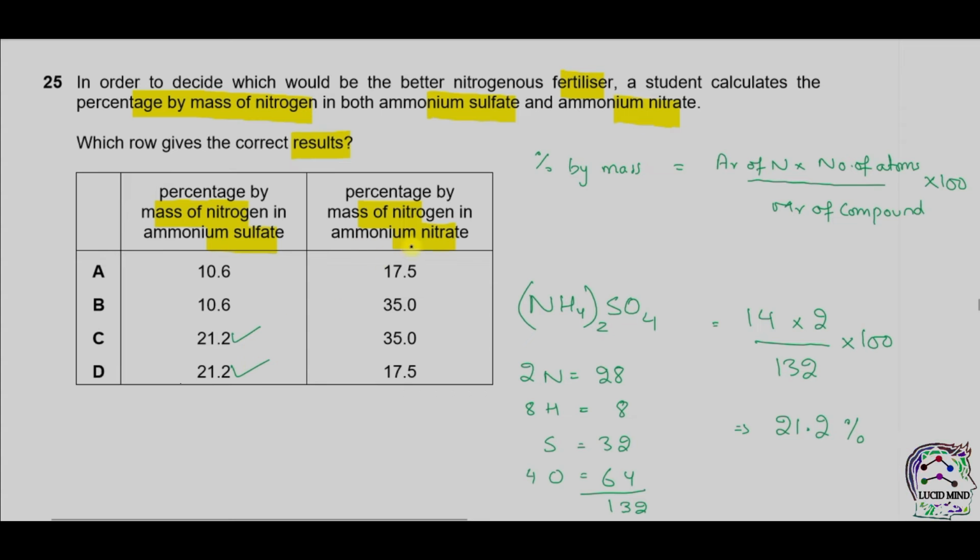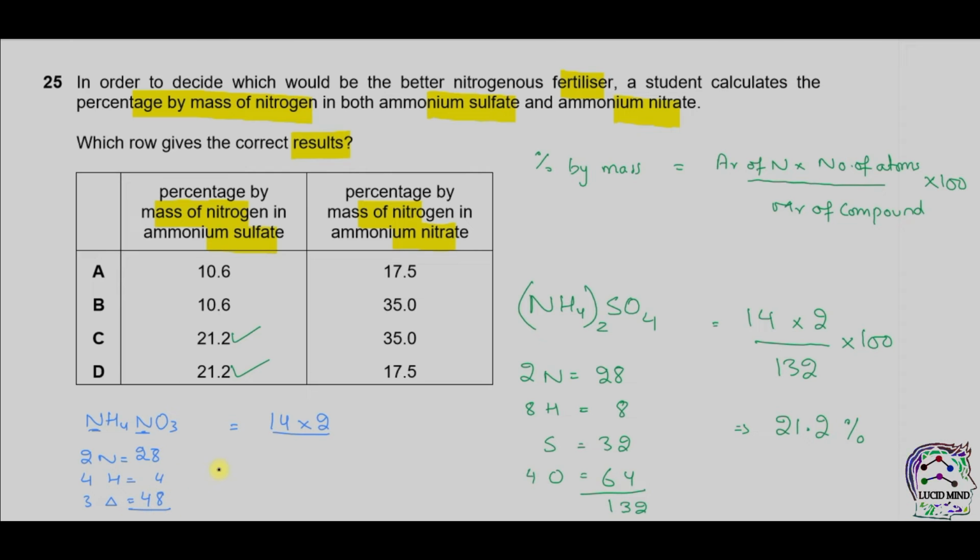Now doing the same for ammonium nitrate, the formula of ammonium nitrate is NH4NO3. Again we have two atoms of nitrogen. So 14 into 2 divided by the MR. There are two nitrogen atoms, so it is 28. 4 hydrogen atoms, so it is 4. 3 oxygen atoms, so 16 into 3 will be 48.